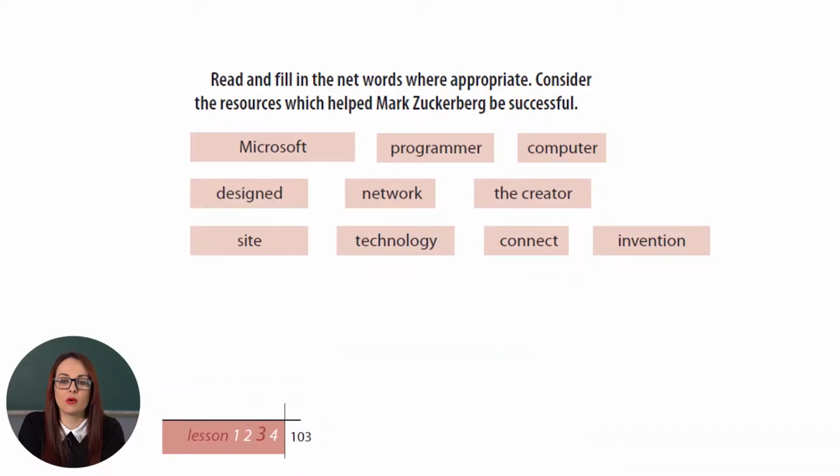Taking every characteristic into account, we can conclude that to become successful, a person needs a lot of qualities, and every one of us must fight our vices and faults in order to reach a level of success. Now we are going to discover Mark Zuckerberg's recipe to a successful life and career. Here are some words that will have to be used to fill in the gaps from the text on page 103, exercise 1 from your class book.